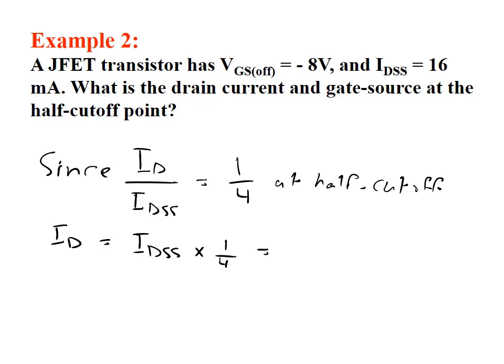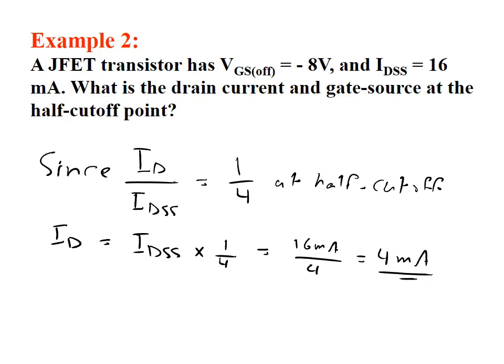Meaning that will be how much? 16 milliamp over 4 equals 4 milliamp. So 4 milliamp is the drain current at the half cutoff point.